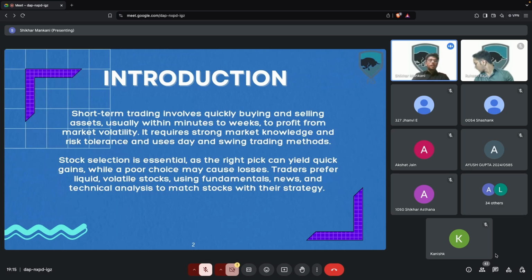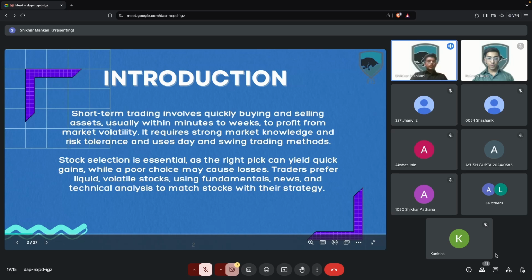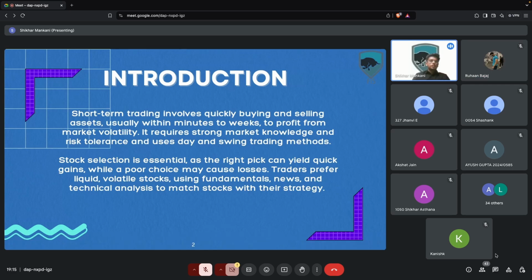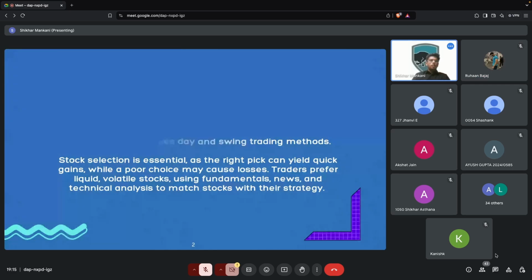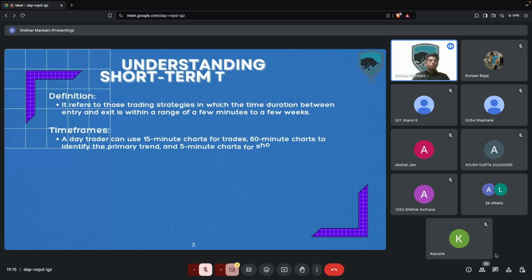But in my opinion, a more important aspect of selecting stocks is not what or how to select stocks, but when to enter. They also use technical analysis to match stocks with their strategy.